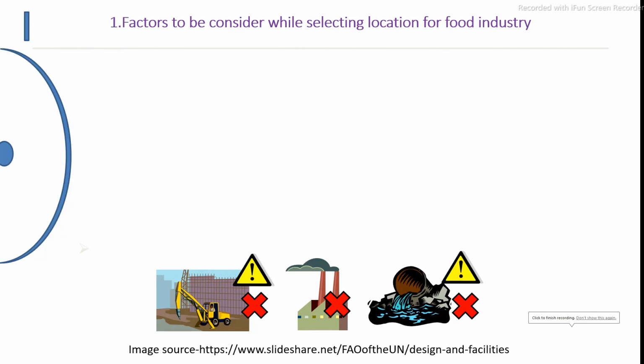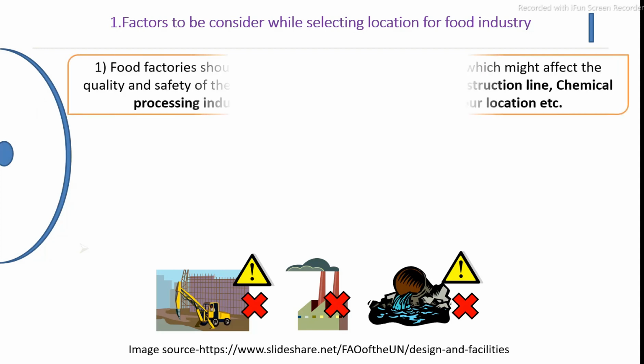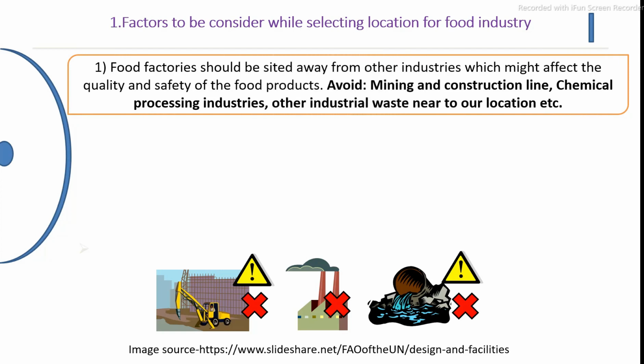What factors should be considered for the proper selection of the location to set up our food processing industry? In the selection, we should consider some very important points. First, the food industry should not be set up near chemical processing industries, mining industries, or any construction processing industry.